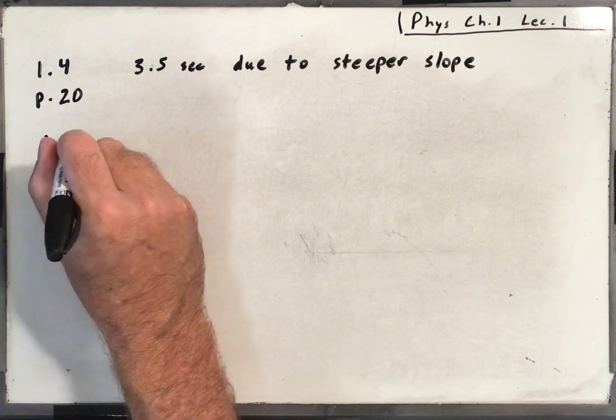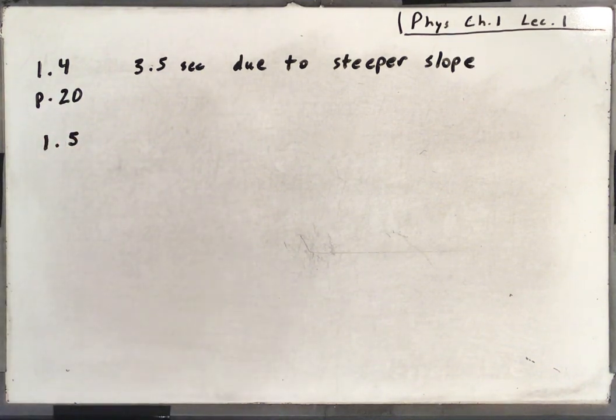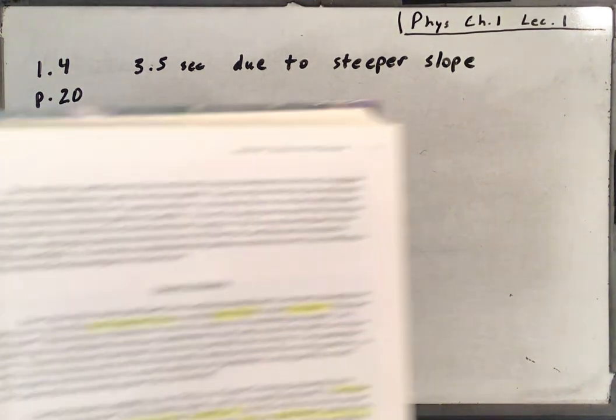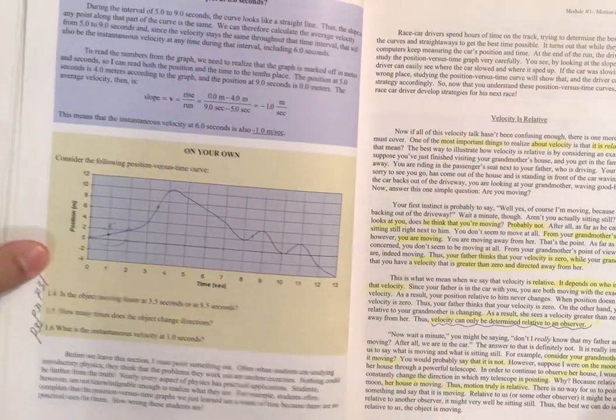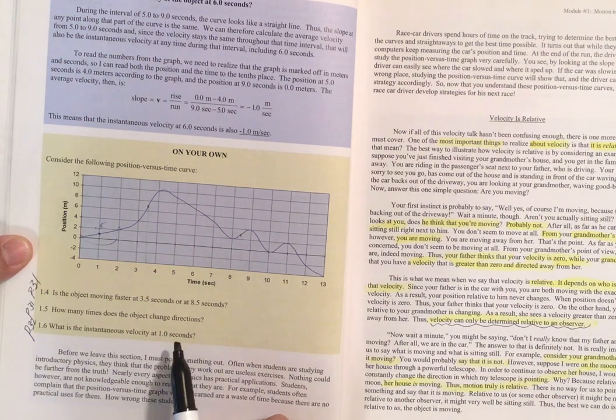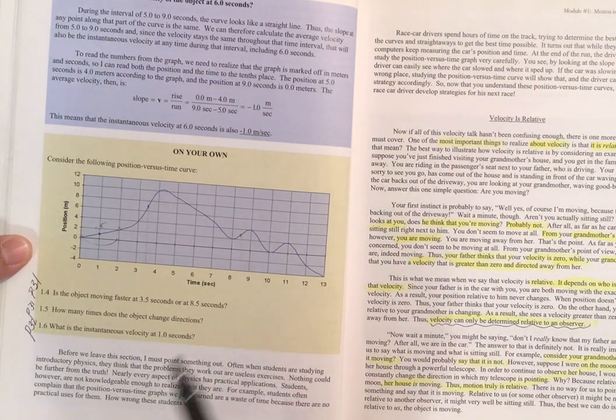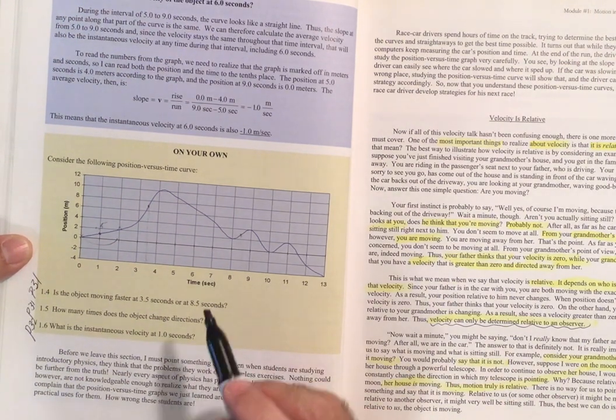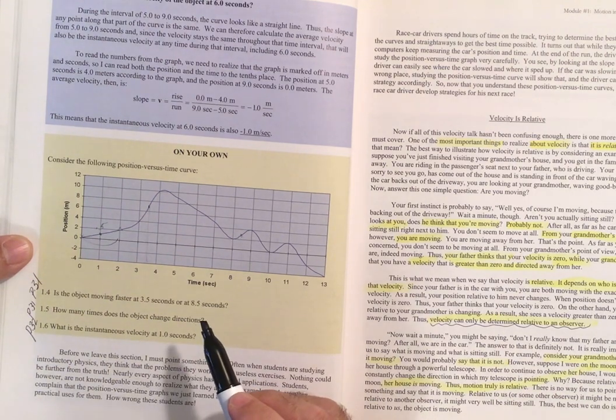All right, let's look at 1.5. So 1.5 says, how many times does the object change directions? Well, the object changes directions every time that the slope changes signs.